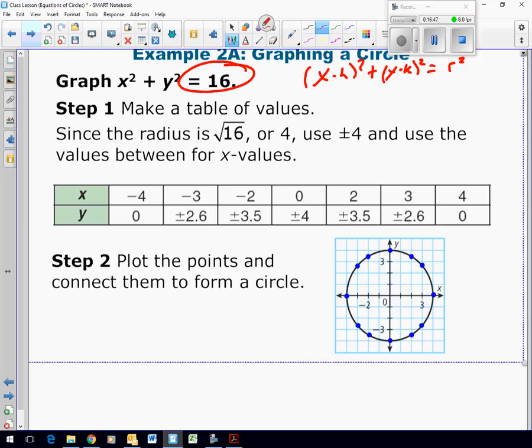So anytime I've got a number over here and I want to find the radius, I'm going to have to set that equal to R squared and then solve for R by taking the square root of both sides. Square root of 16, this will tell you it's plus or minus 4. You can't have a distance that's negative, so the radius in this case would be 4, okay?